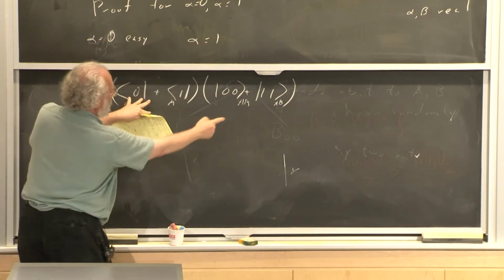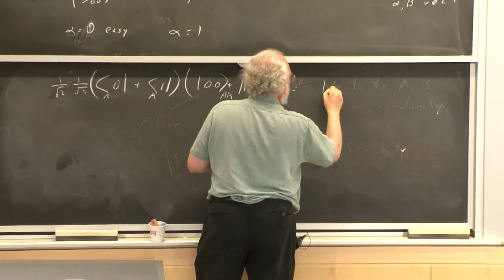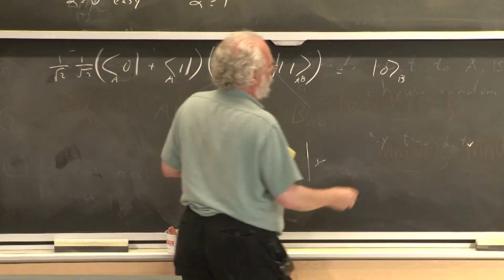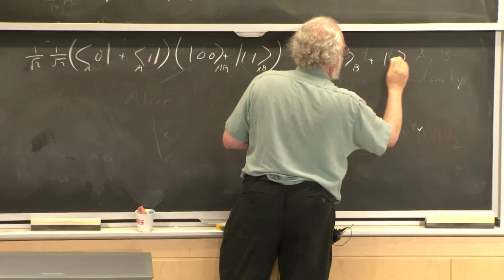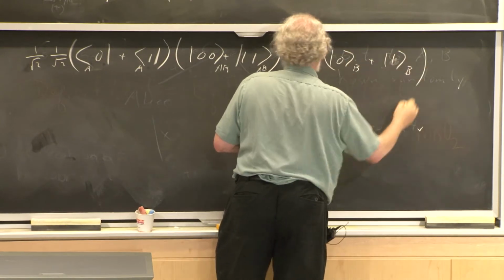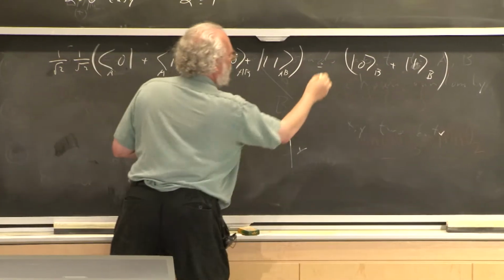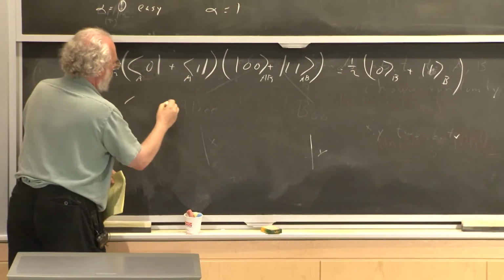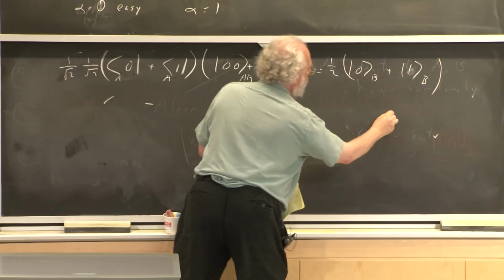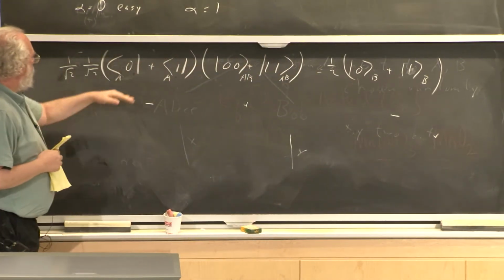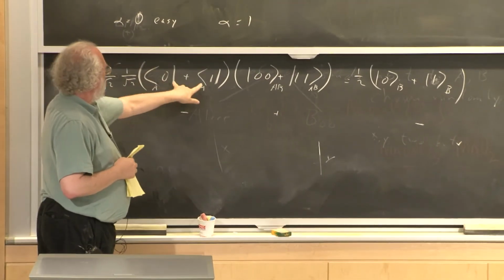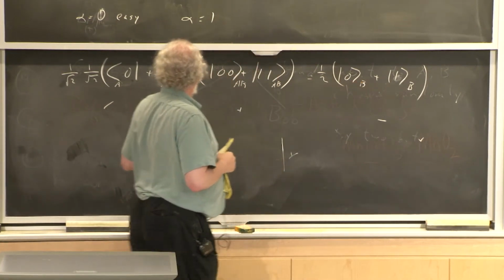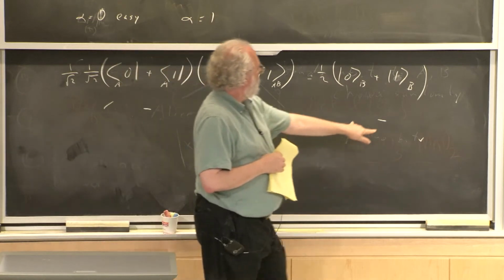When we multiply this by this, we get |0> Bob, and we multiply this by this, we get |1> Bob, and there's a 1/2 in front. Similarly, if we had a minus here and a plus here, we would get a minus there. So when we take the projection onto 0 plus 1, we get 0 plus 1. When we take the projection onto 0 minus 1, we get 0 minus 1.